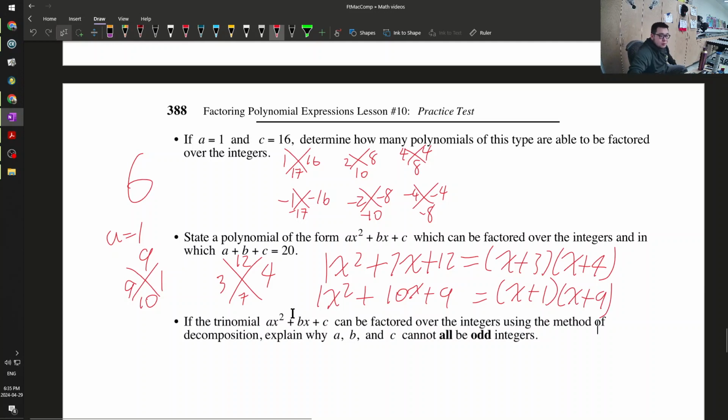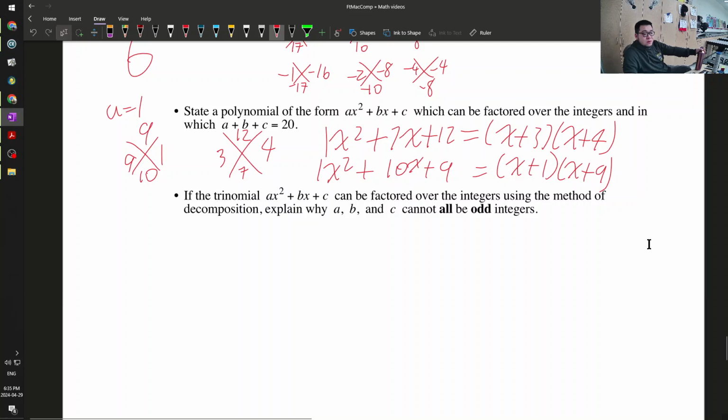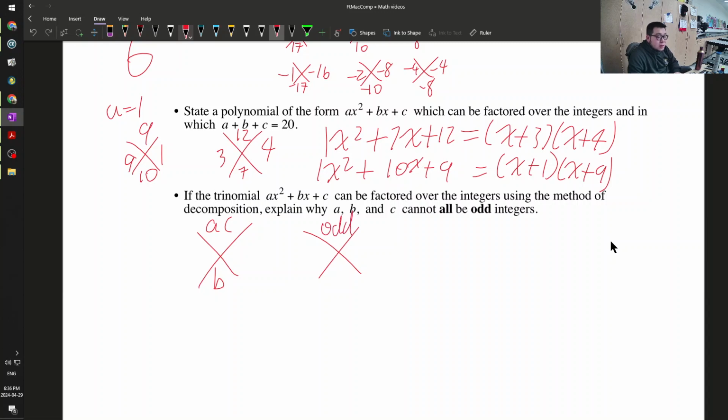Okay, the trinomial ax squared plus bx plus c cannot be factored over integers using the method of decomposition. Explain why a, b, and c cannot all be odd integers. Usually we say ac is on top, b is on the bottom, right? So if a, b, c are all odd, the top must be odd, and the bottom must also be odd.